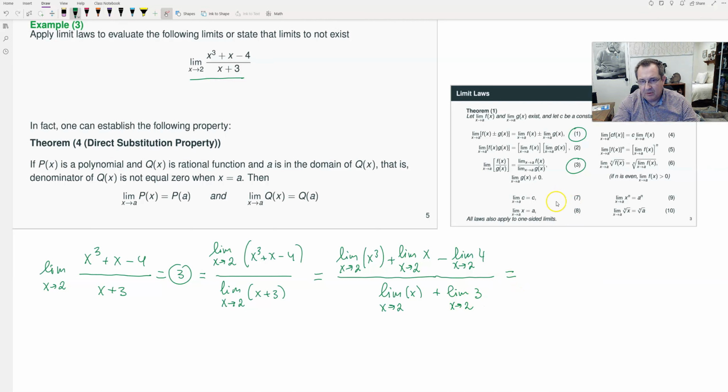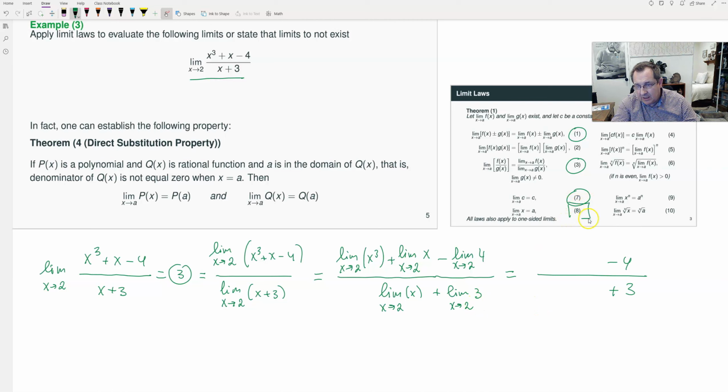The last step will be to use a combination of the elementary limits. In particular, formula 7 tells me that the last term will be equal to 4, and the second term in the denominator will be equal to 3.